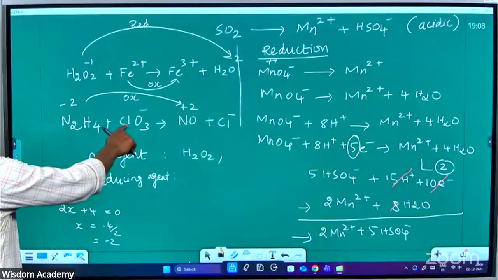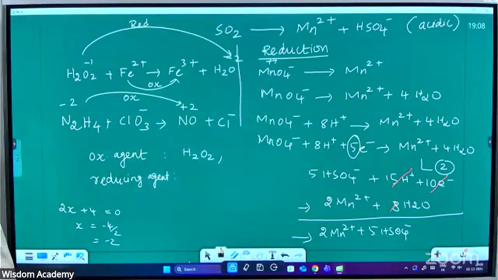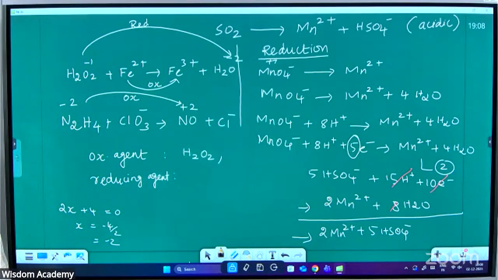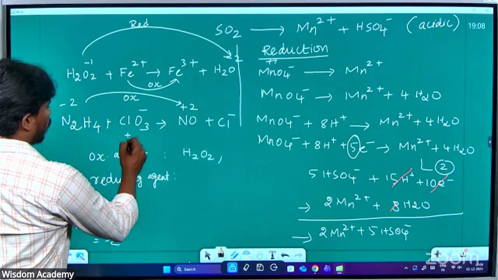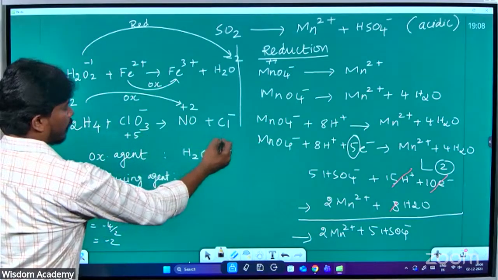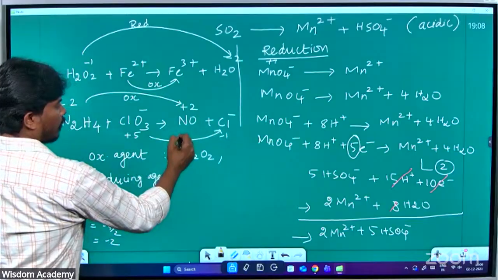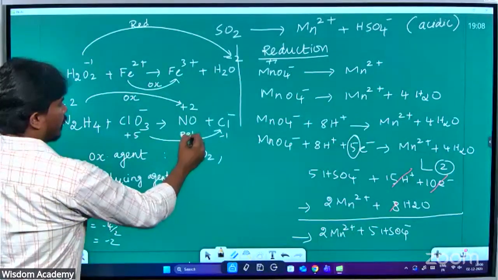Okay. What is the oxidation state of Cl in ClO3 minus? Plus 5. This is plus 5, here minus 1. So plus 5 to minus 1, reduction.